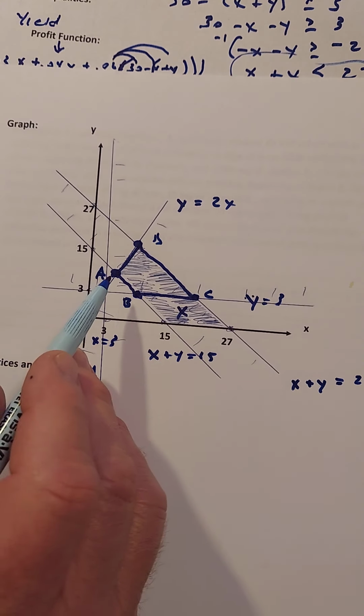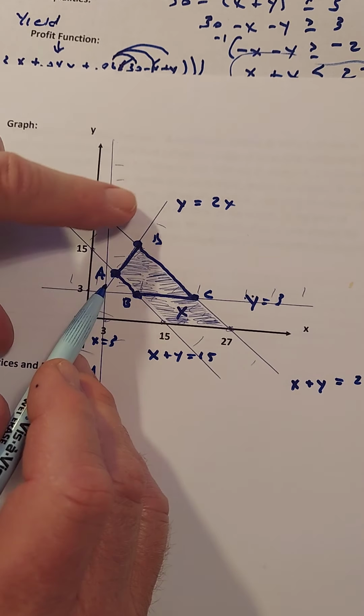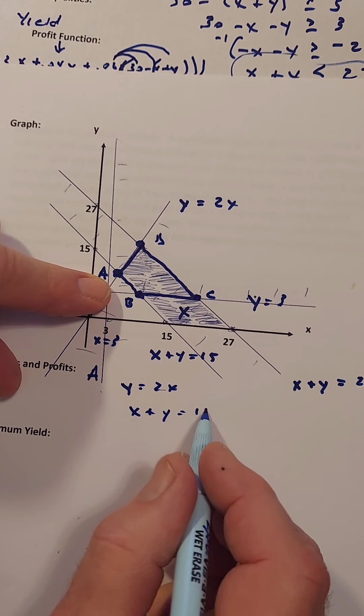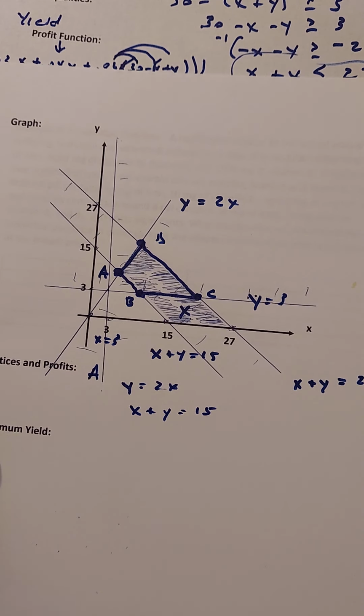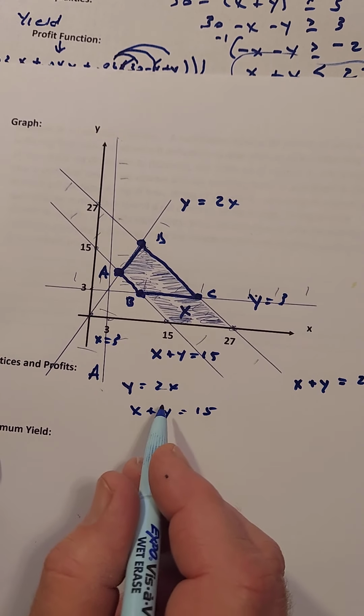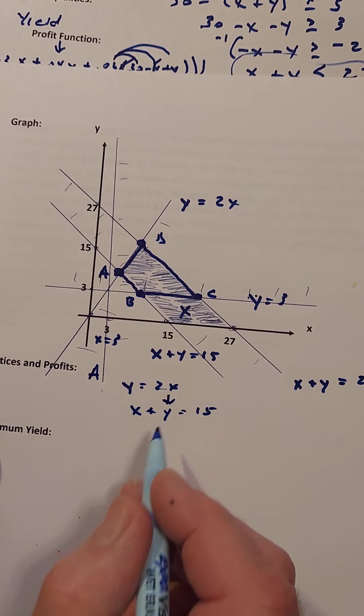Okay, so if I want to find this point, A is the intersection of y equals 2x and this one here where x plus y equals 15. I think what I would do here is just substitute. I'll put the 2x in for the y.